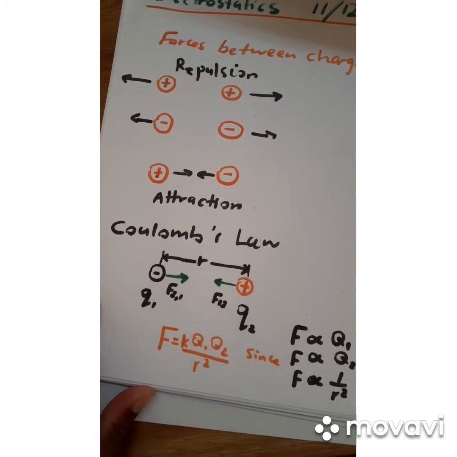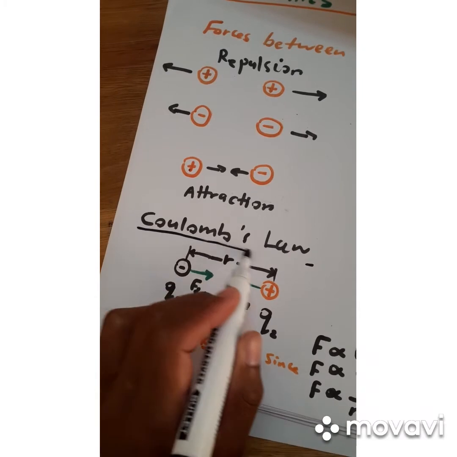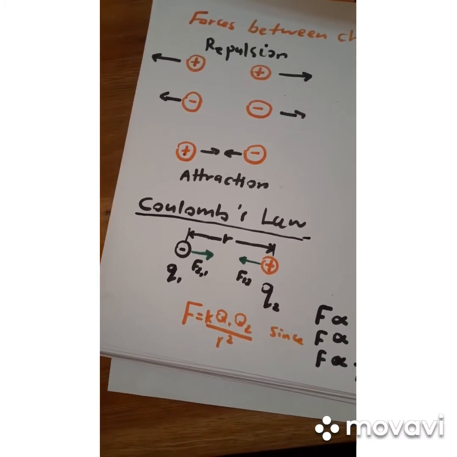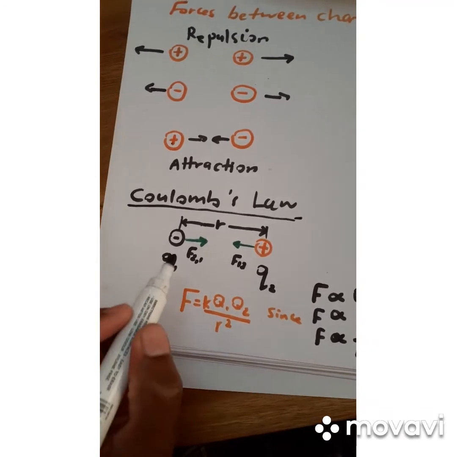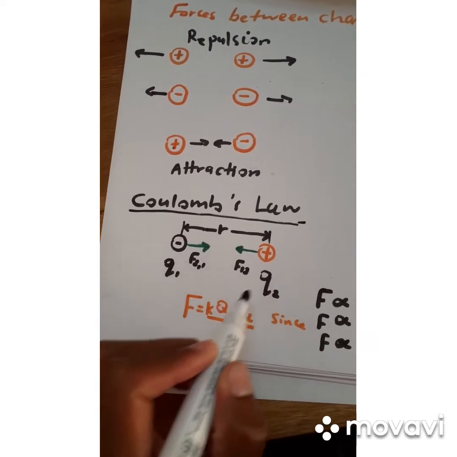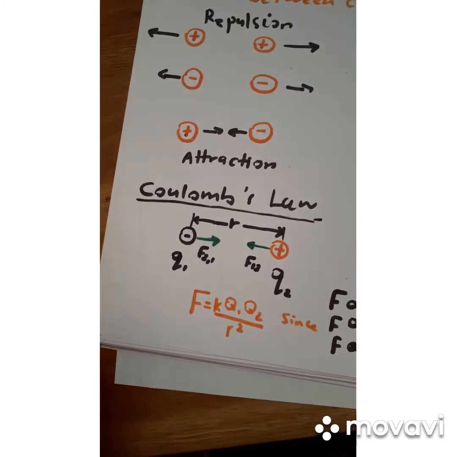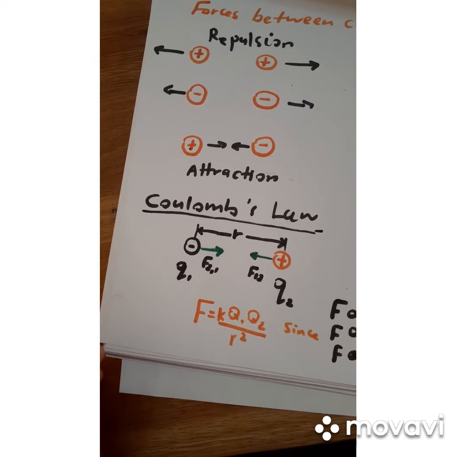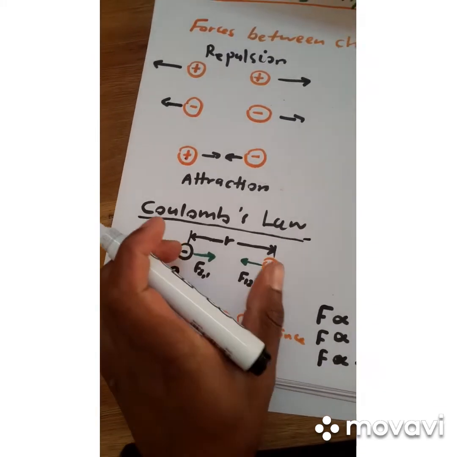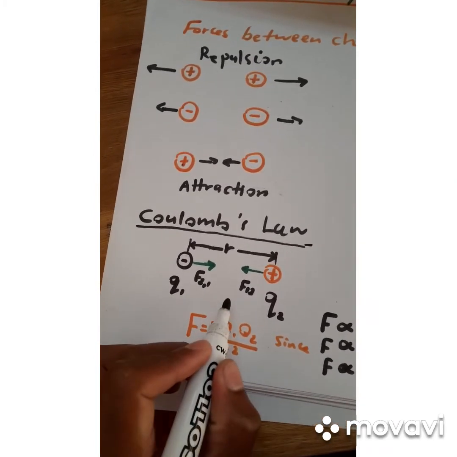Now this brings us then now to the new concept of Coulomb's law. Now Coulomb's law simply says now, okay, suppose now we have a negative charge and a positive charge. Name it charge 1 and 2. And then now you bring them together, but then now they are a certain distance apart. Now what is going to happen?